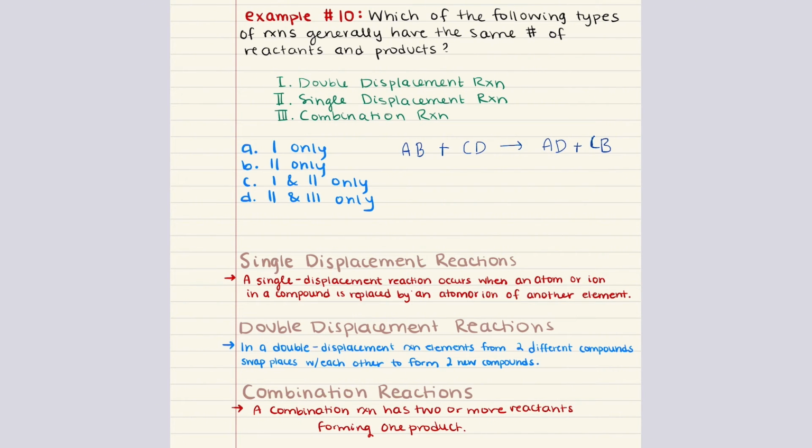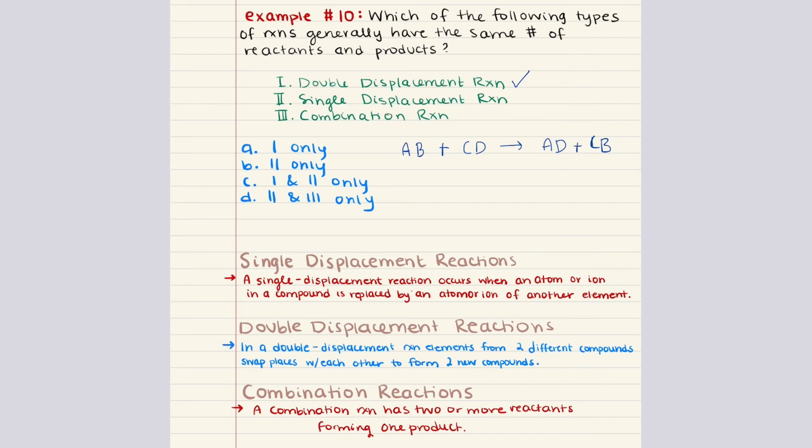Now what you notice here in this reaction type, it typically involves 2 reactants and 2 products. Hence, the number of reactants is equal to the number of products. This falls under the category of reaction types that generally have the same number of reactants and products. What about single displacement reactions? A single displacement reaction occurs when an atom or an ion in a compound is replaced by an atom or ion of another element.